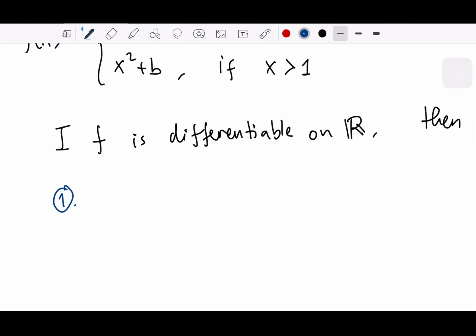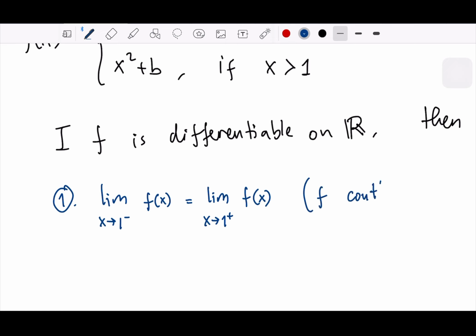First, of course, it should be continuous functions. We can write f continues at, it should be continuous, right?